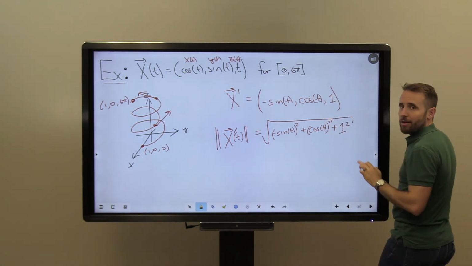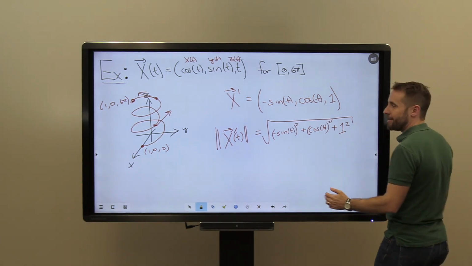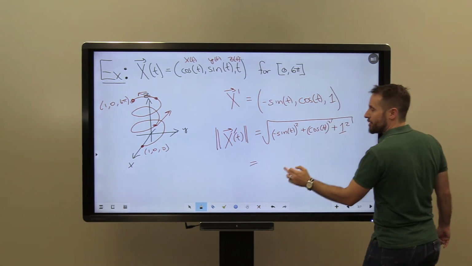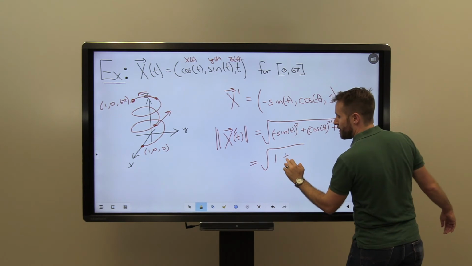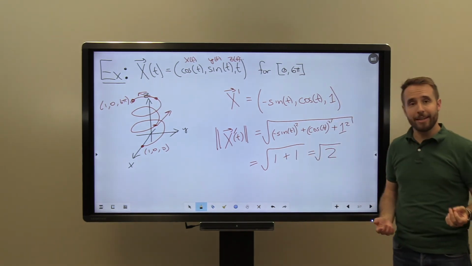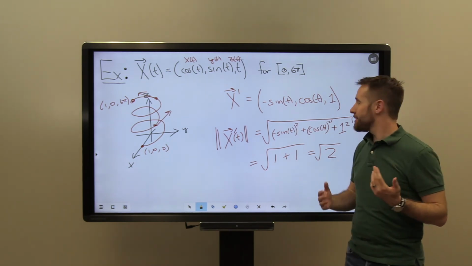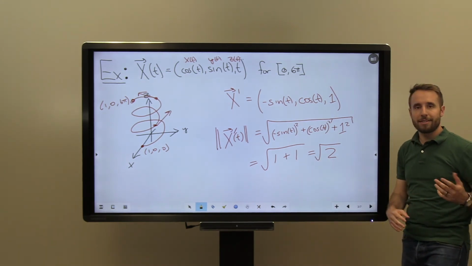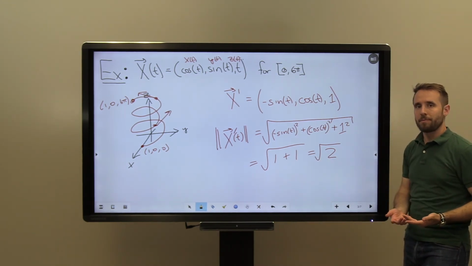We still get sine squared plus cosine squared is 1, so this becomes the square root of 1 plus 1, which is the square root of 2. So our helix is moving at a constant speed, and that constant speed is exactly square root of 2.